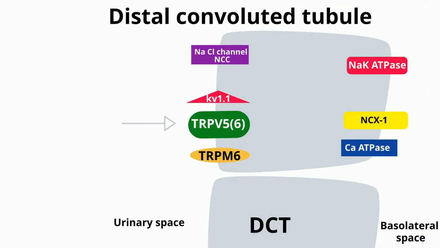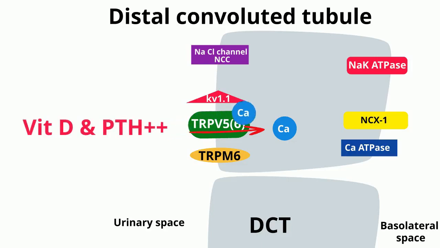We also have increased TRPV5 active calcium reabsorption in the distal convoluted tubule. If your calcium is low, within minutes you reabsorb calcium in these two segments of the kidney.